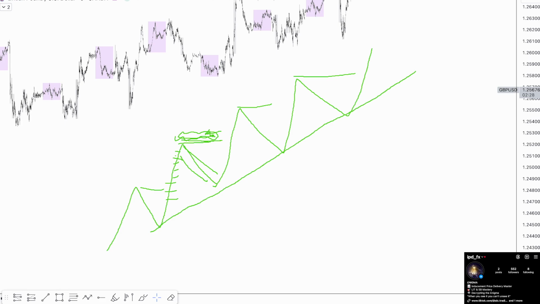So this is another way to spot liquidity in the market, because now we also have retail traders looking to buy when the candles tap into this trend line. So now we have injection of liquidity here, here.